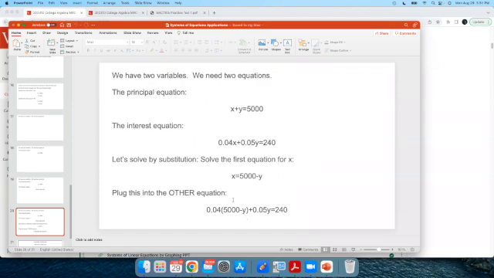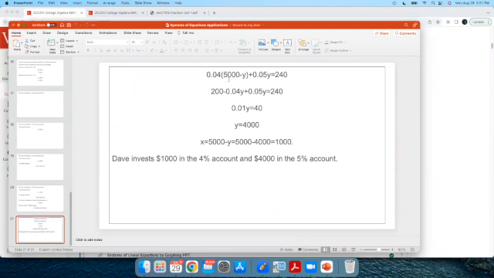Now look, I've only got Y's left. See, everybody's a Y. I can solve that. So we distribute. So that's all I've done there is distributed. Collect my like terms. These are Y's. Move that 200 to the other side. Divide.